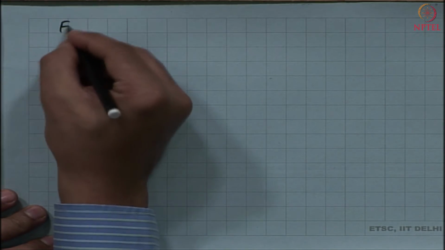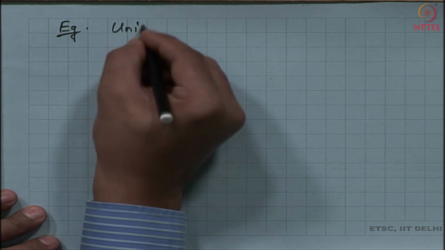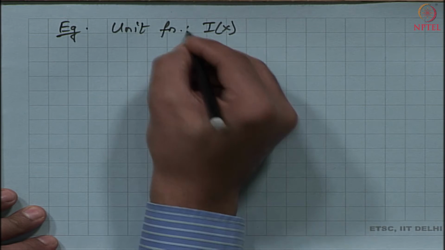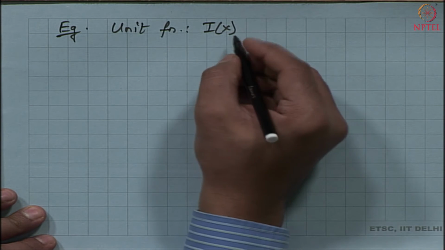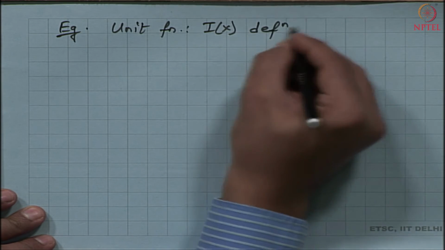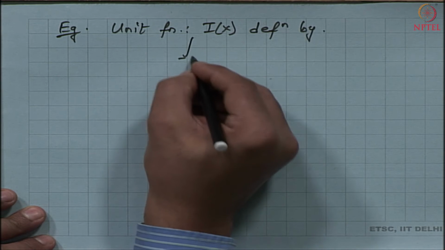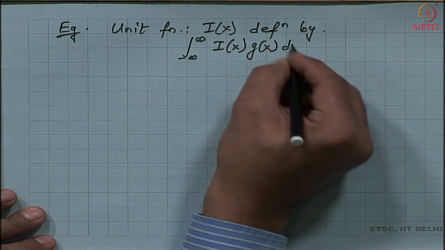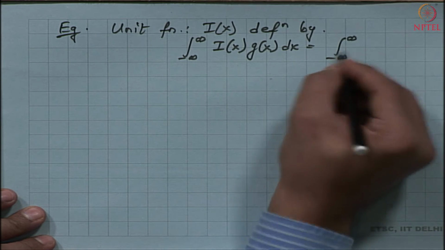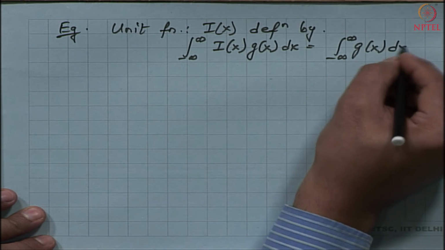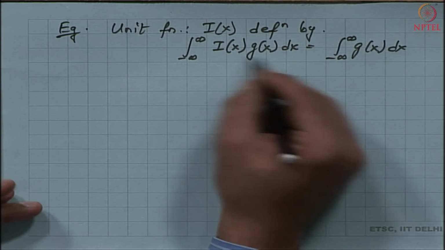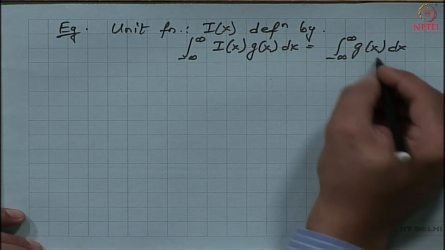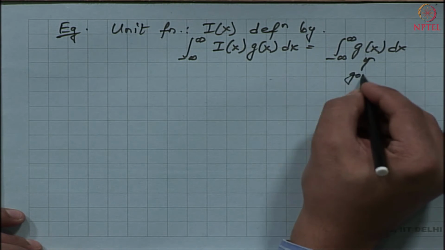If I have a unit function, I denote it by I of x, and it is defined by the integral from minus infinity to infinity of I of x g of x equals the integral from minus infinity to infinity of g of x dx. So, it is an identity function, and its notation is that it is just like multiplication with a 1, where g is a good function.